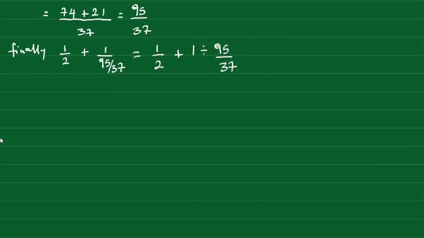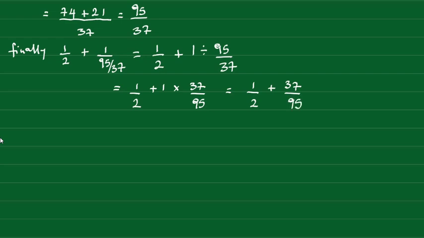Now, in solving this, we convert our division to multiplication. So we have 1 over 2 plus 1. Division becomes multiplication. We have times 37 goes up and 95 comes down. So this is equal to 1 over 2 plus 1 times 37. We have 37 divided by 95.